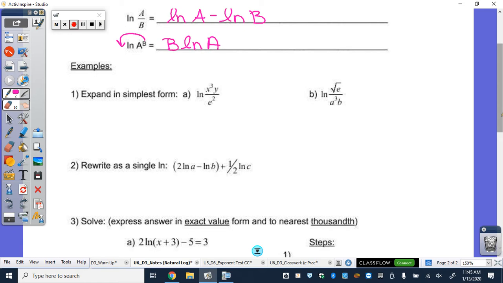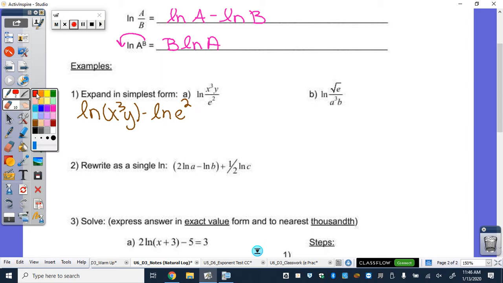So expanding, again, it goes quotients, products, exponents. That is our order we want to deal with them in. So we would have the ln of x cubed y minus the ln of e squared. It's always numerator minus the denominator. So how would we further break down this one, the x cubed y? How would we rewrite that one?